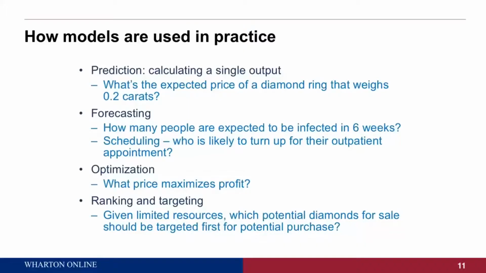Another activity that we use these quantitative models for is optimization. And so optimization takes up a lot of business thinking. And the example that I've got here is the demand and price. And so it's a very legitimate question to ask: I wonder what price is going to maximize the profit. And the key word there is maximize.